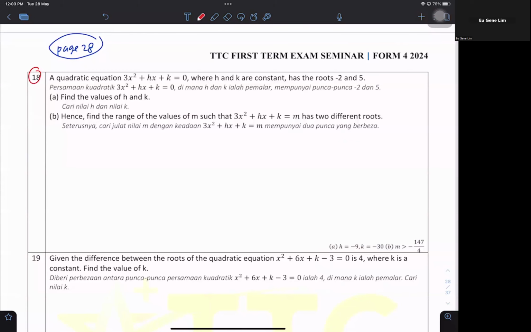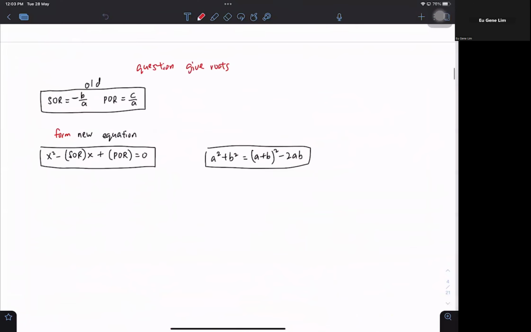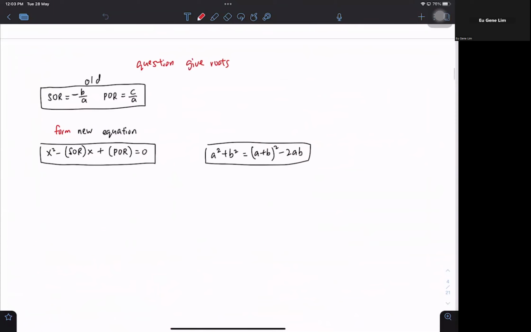How do you know? They say this equation has roots -2 and 5. Because the question gives us the roots. Just now I mentioned already, whenever the question gives you roots, then it will be a sum and product of roots question.